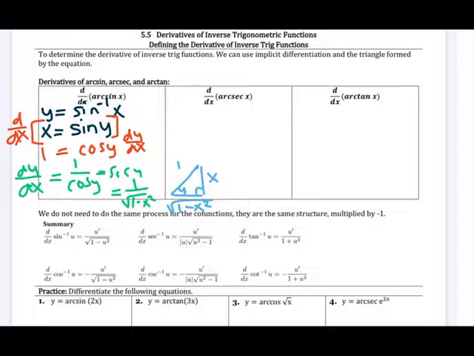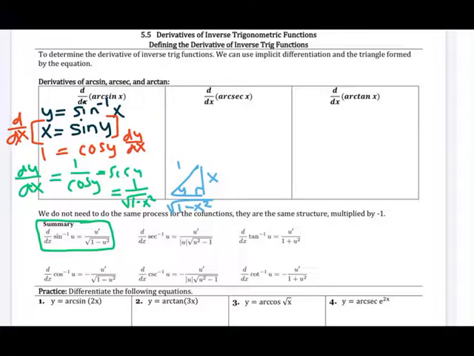So I'm using this triangle to tie things back to being in terms of x, because this original problem was asking us about the derivative of arc sine or inverse sine of x. So that is how we get here. And you'll notice that this version down here that I just put a box around has the u prime in the numerator, in case there is a function happening within the sine of x.